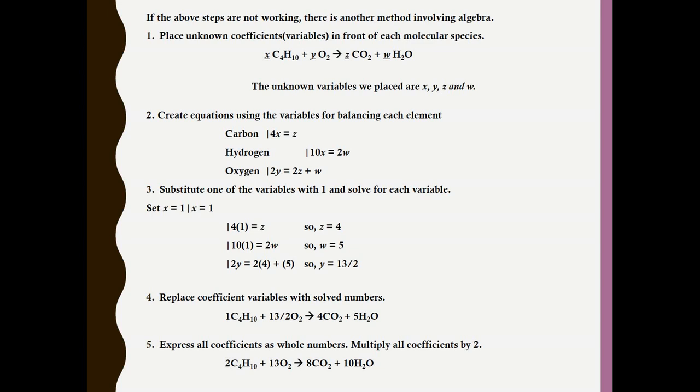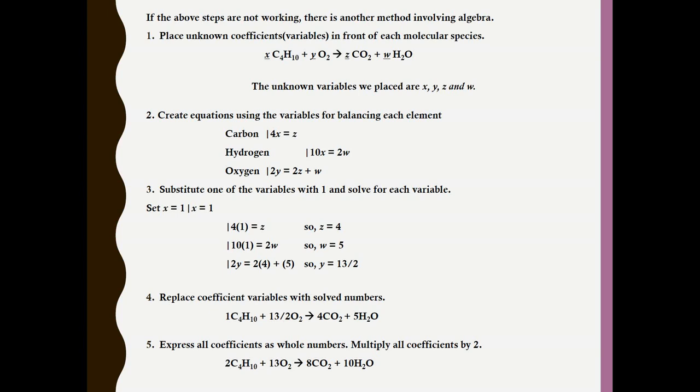Now, you can see that I have 13 divided by 2, from 2 previous slides. If you go back to the previous slides, you can see the last step was that you have to check your answers to see that the coefficients are in the least possible whole number ratios.